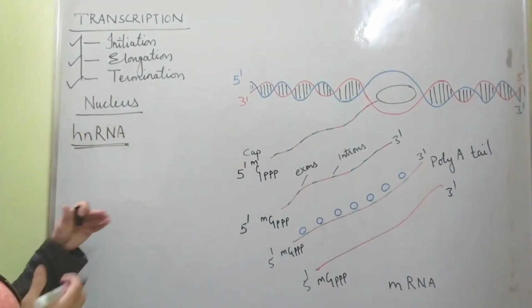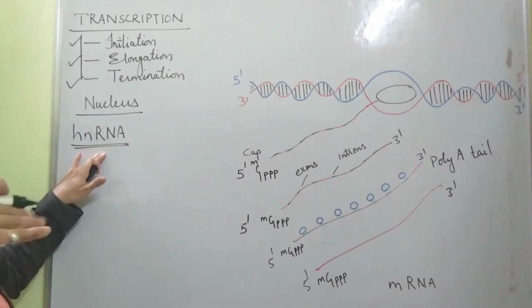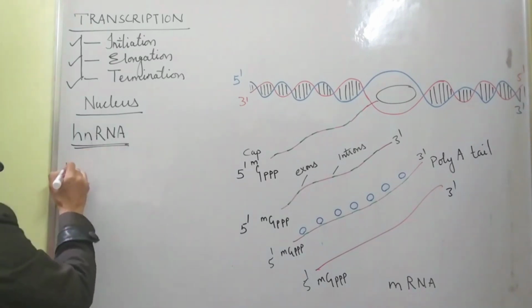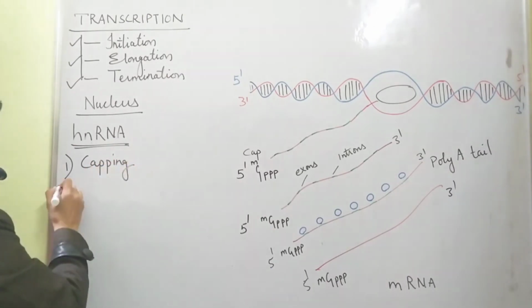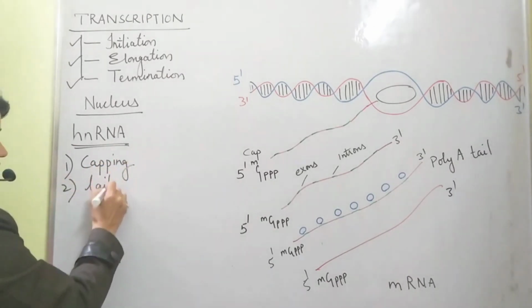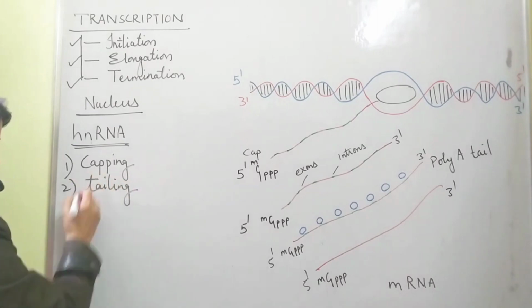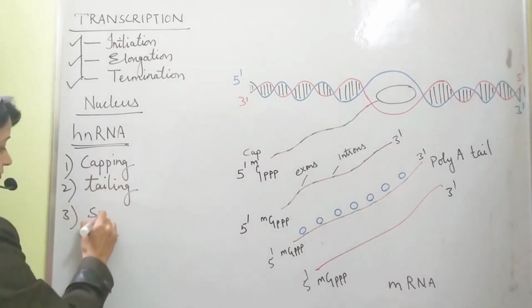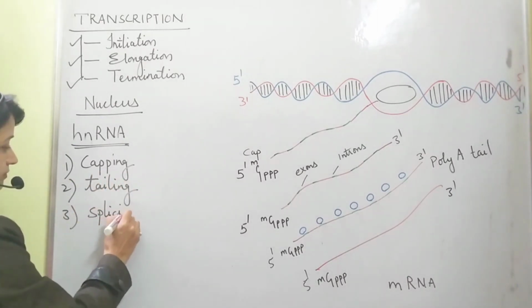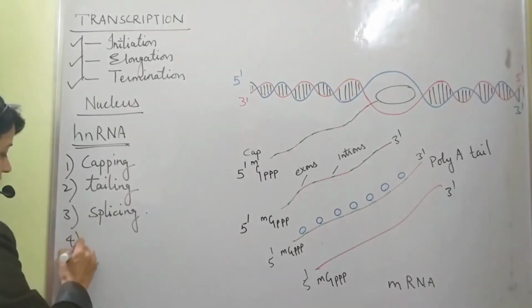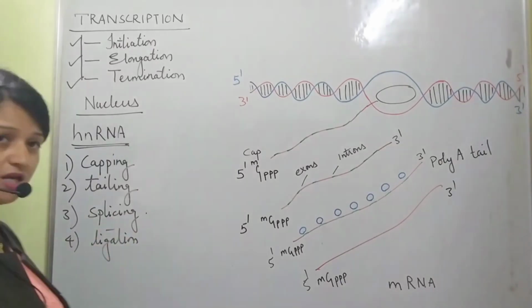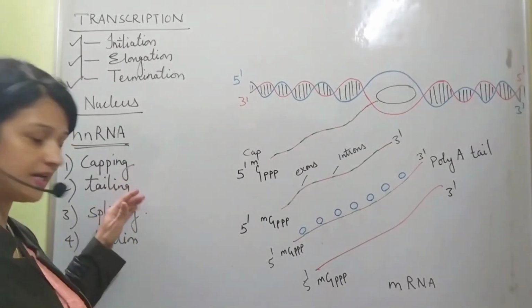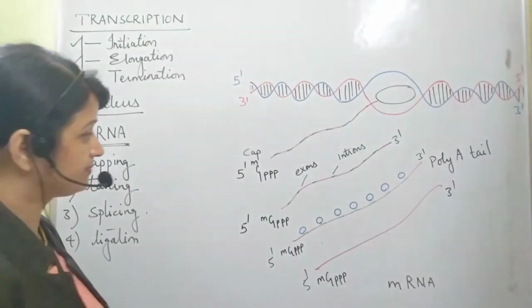Now the processing of hnRNA includes various steps: capping, tailing, splicing, and ligation. So let's see what these are.